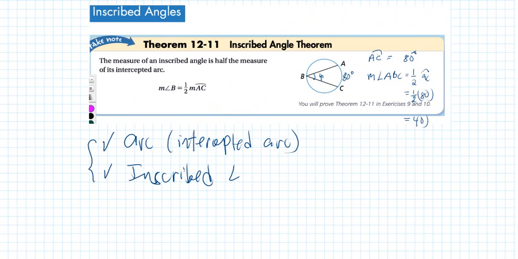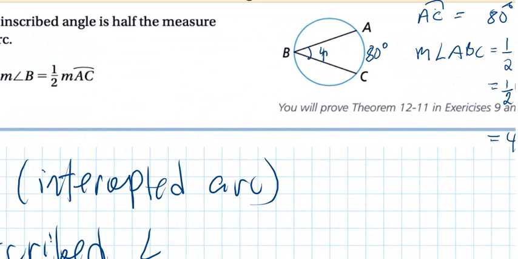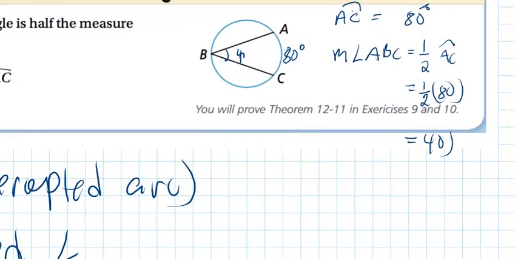Look at the direction very carefully. They are giving you the size of the arc going to the inscribed angle. So that's going to be 1/2 of the intercepted arc, right? However, the direction this time is coming from the inscribed angle going to the arc.